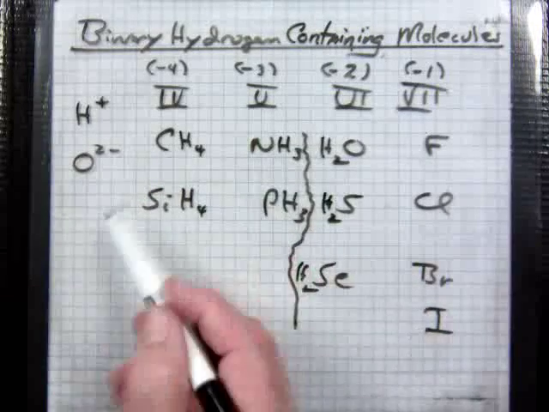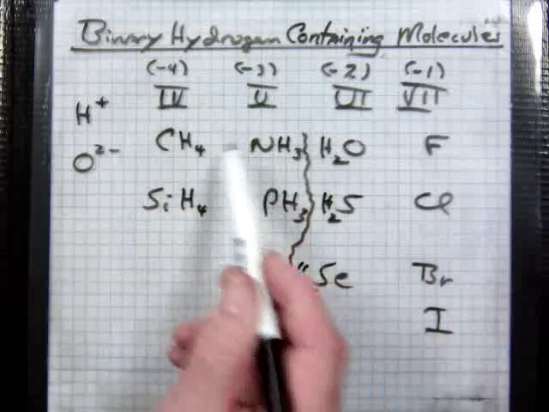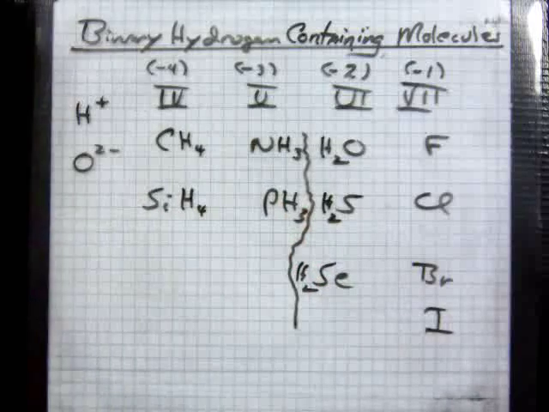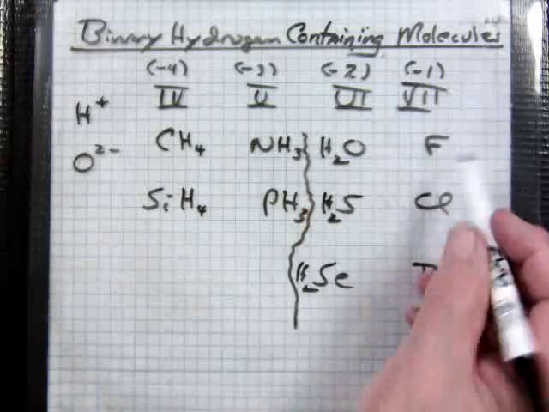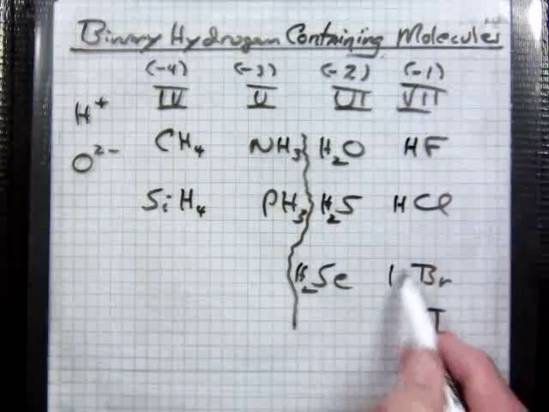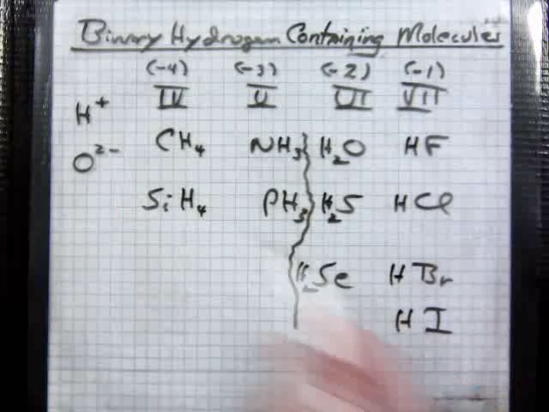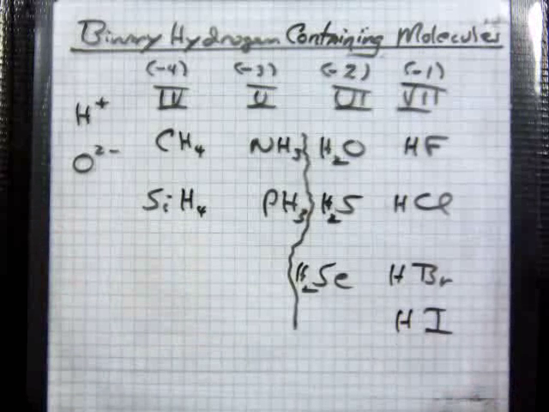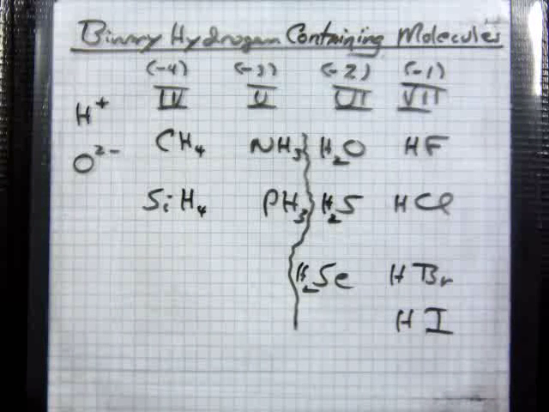But in groups 4 and 5, hydrogen goes on the right by tradition. And same way here, HF, HCl, hydrochloric acid, HBr, and HI. So when you get to the partition between 5 and 6, you want to switch sides with the hydrogen.